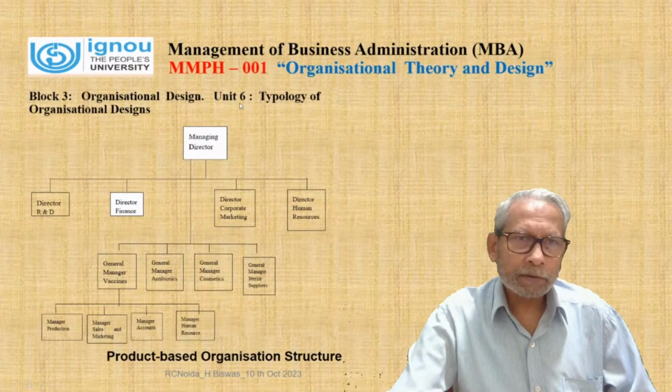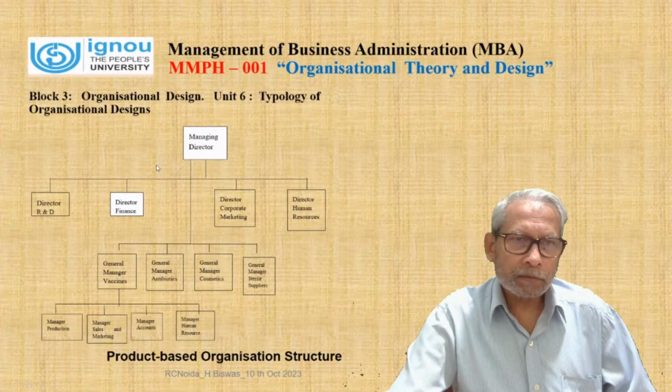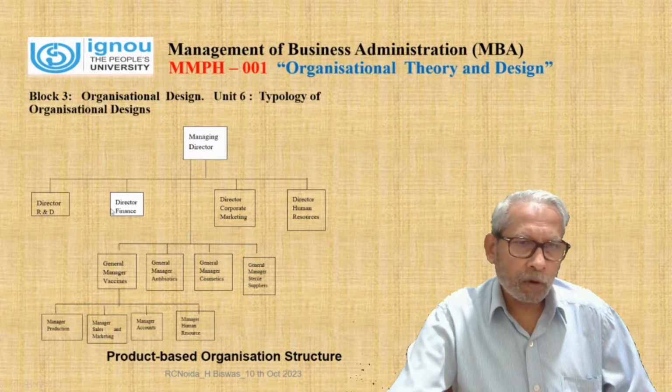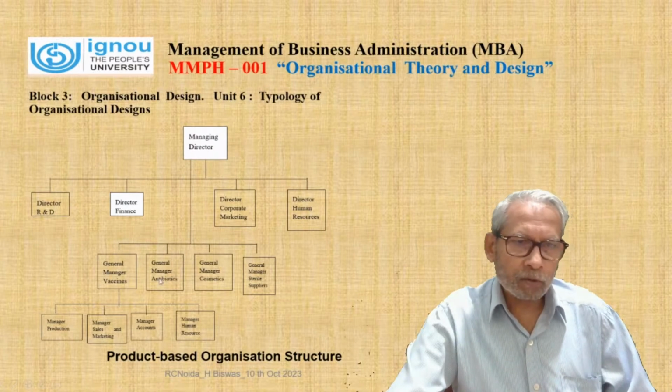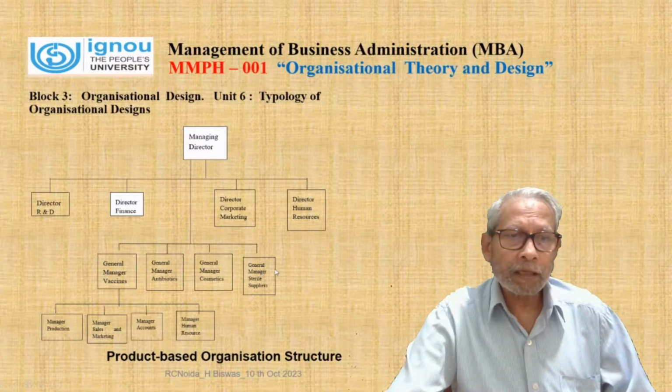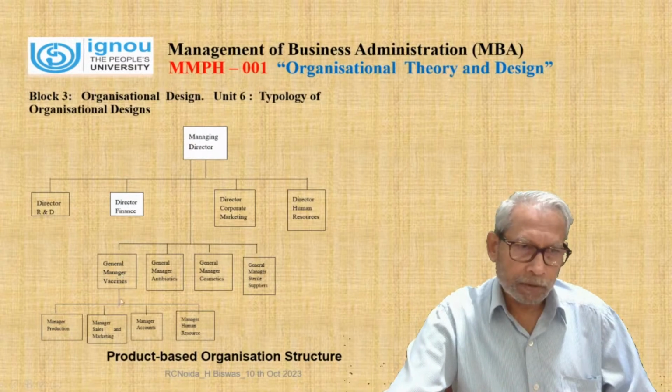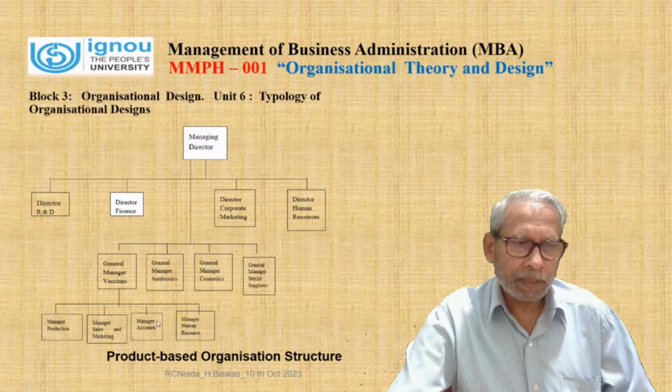Now another diagram: the managing director, and there are so many directors up there, R&D, finance, corporate marketing, then HR directors. And after that, so many general managers are there. And then under the manager there are so many other managers also, production, sales, accounts, and HR like this.